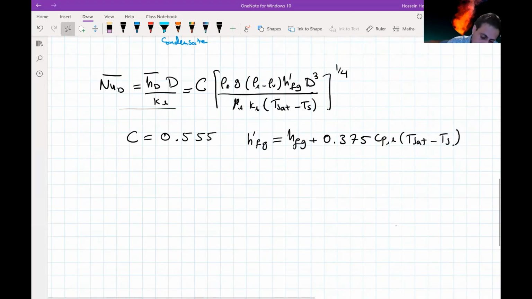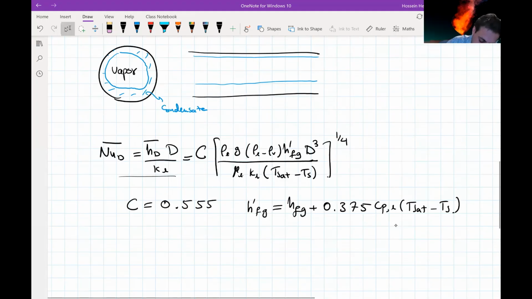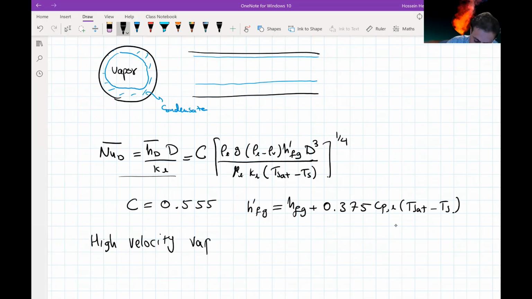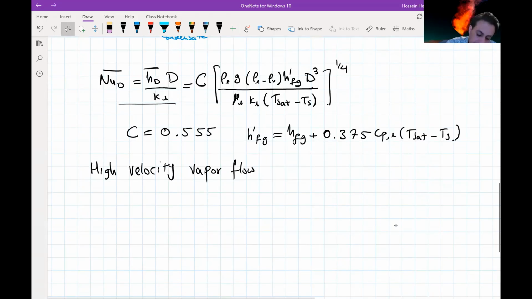Now, if we have high velocity vapor flow, which we can find from the Reynolds number, then we would have a turbulent system in the pipe.